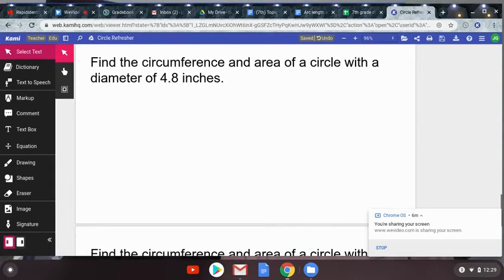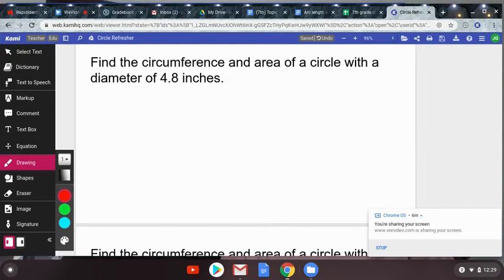If I look at this problem, it says find the circumference and the area. So I'm going to complete the entire part of CARD. And sometimes it's helpful to draw the circle if they didn't for you. So here's a circle. The diameter is 4.8.